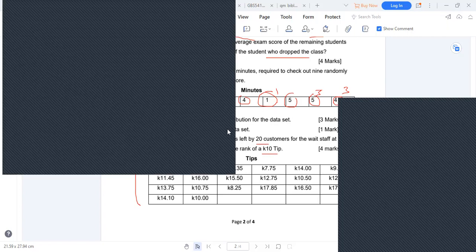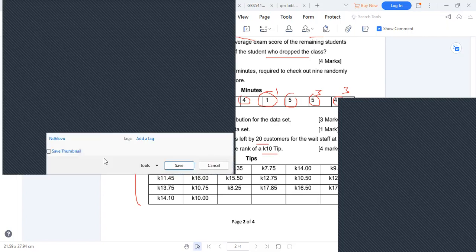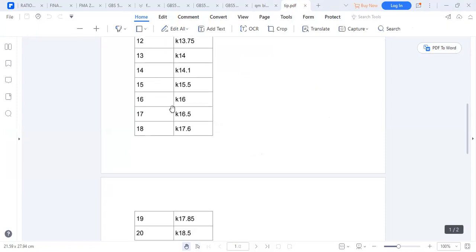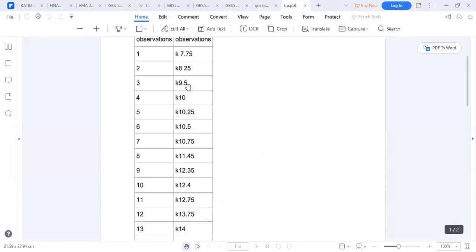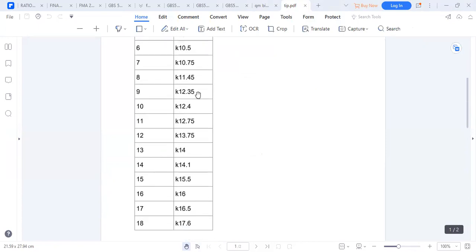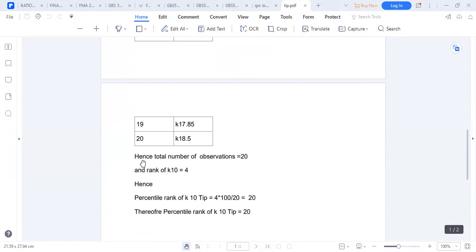Let me arrange it quickly for you in the interest of time. So for part D, we've rearranged the observations, ordered from the smallest to the biggest, and the total observations are 20.